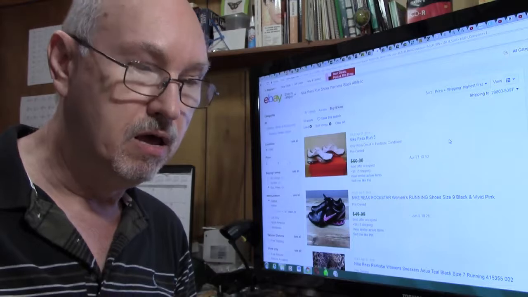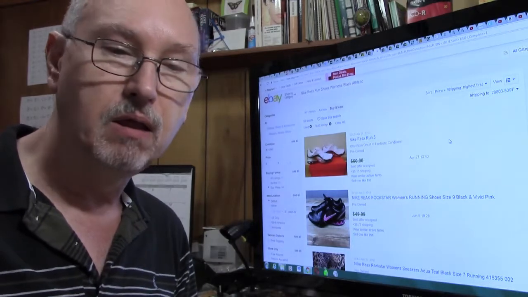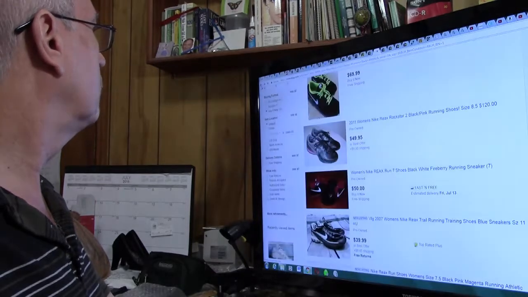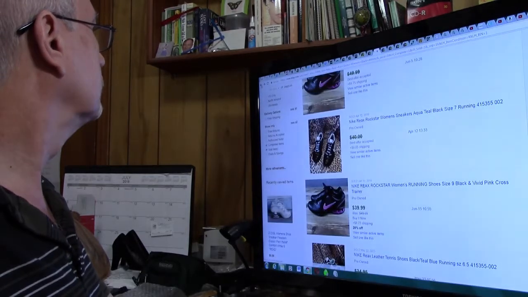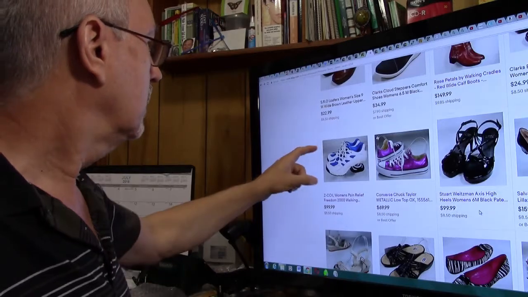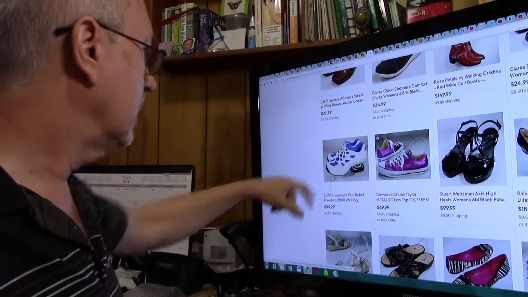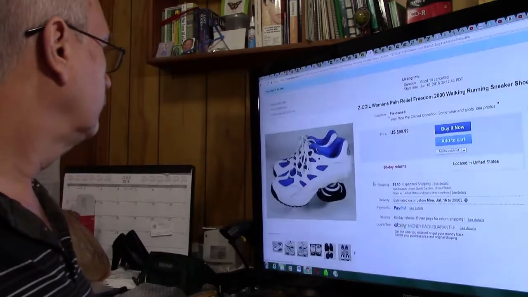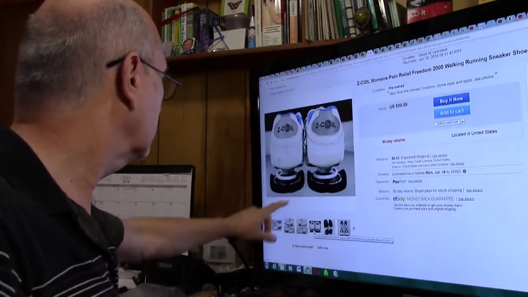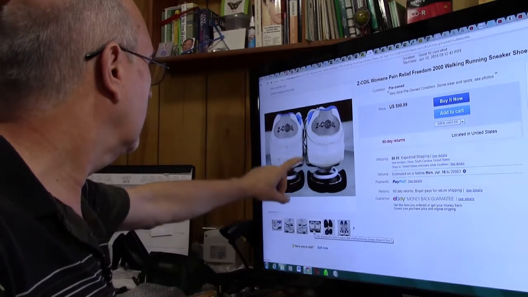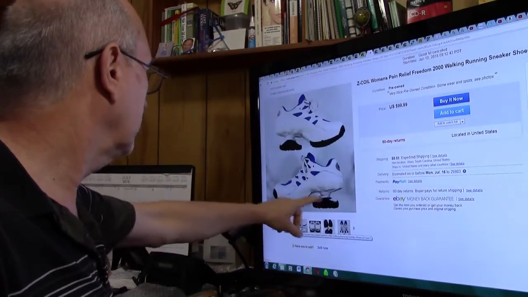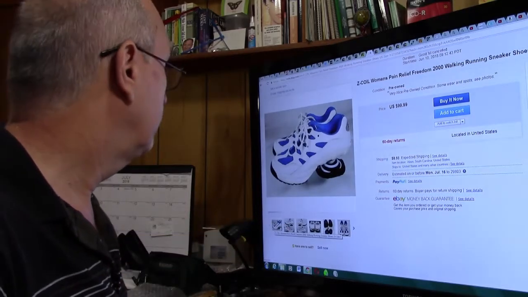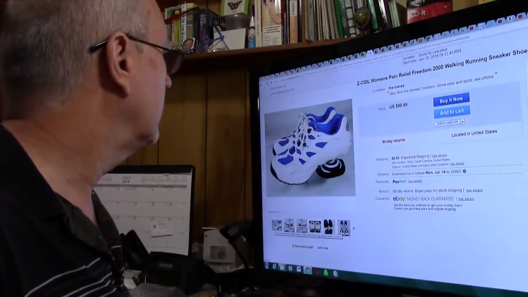The style, the trendiness of the style. Let me show you some more shoes from my store. This was a brand and style of shoe that I was completely unfamiliar with. It's called a Z-coil, and it has a coiled spring underneath the heel, not the front. They're pretty pricey. I've got mine set at $99.